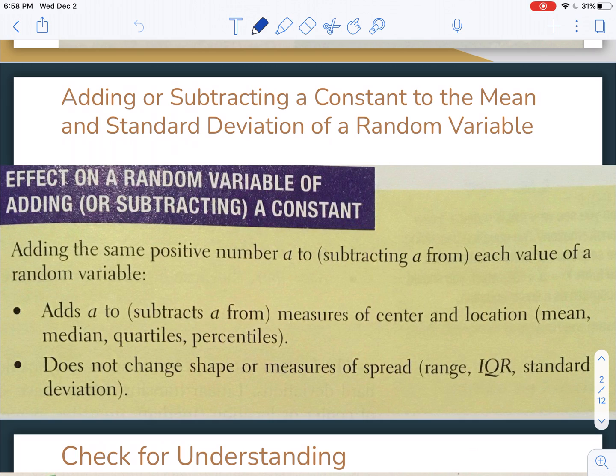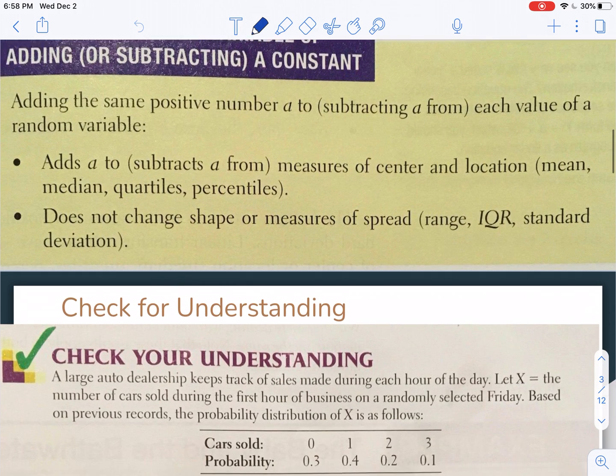If all you're doing is adding numbers, all your numbers are getting shifted the exact same amount up. The width of your distribution stays the exact same. So because of that, your measures of spread don't change at all. Your IQR is still going to be the same distance. Your range is still going to be the same distance. Your standard deviation is still going to be the same distance. So if you're adding, it only changes the mean, not the standard deviation.